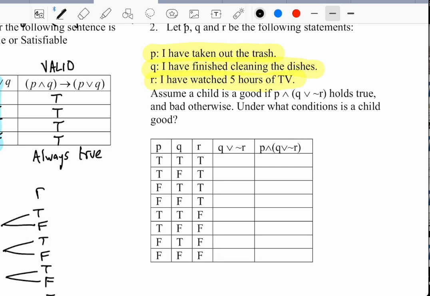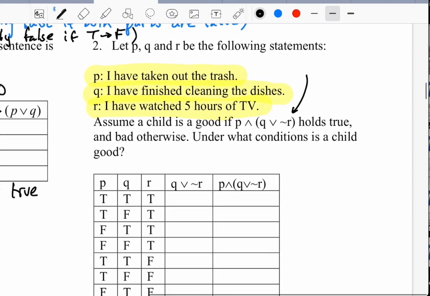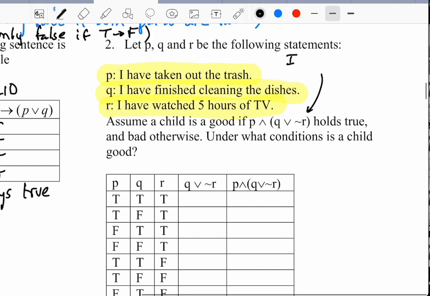All right. Now, what this sentence would read as is, I've taken out the trash.